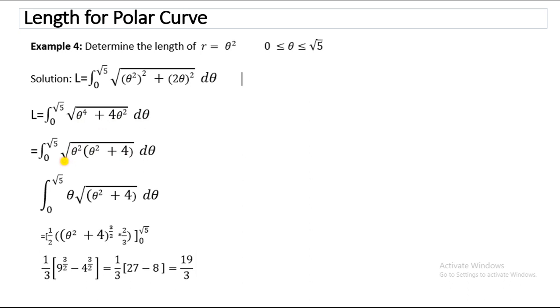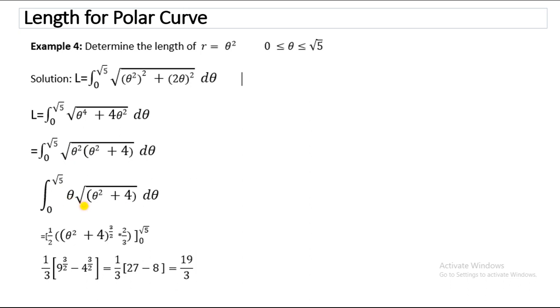Theta square to power half, I will have theta, square root of theta square plus 4. Because the derivative of theta square is 2 theta, I need the derivative.